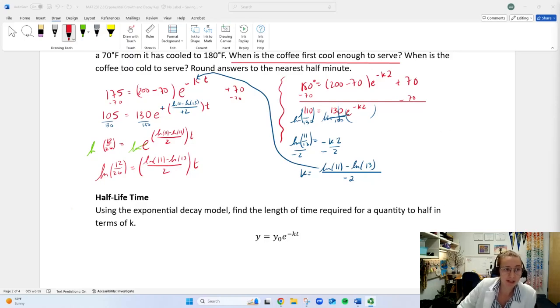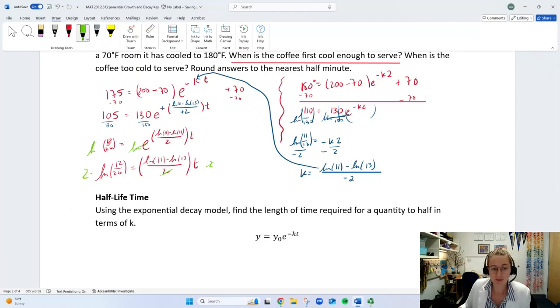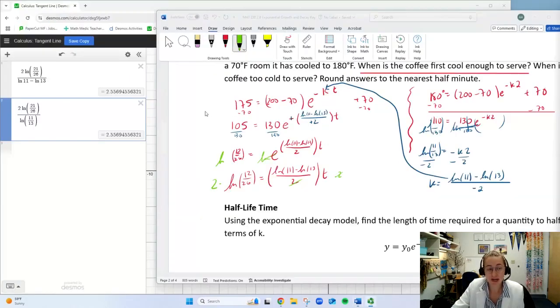Or I can multiply by 2 and not have a fraction over there, and now just divide by ln of 11 minus ln of 13. And you can see, regardless of whether I wrote it as ln of 11 minus ln of 13 or ln of 11 over 13, I get the same answer. And that would be how many minutes it would take it to be cool enough to drink.